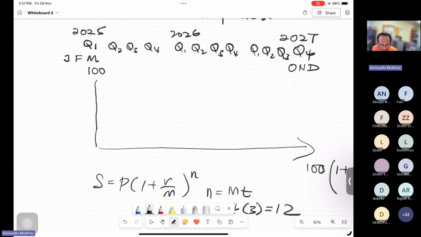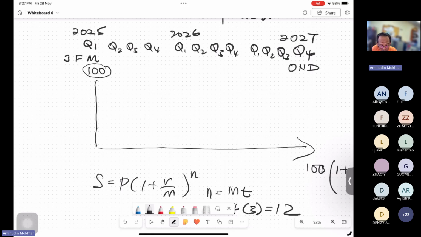So the first 100 will not receive the interest, will not receive a return. It's not qualified for return. In other words, the first 100 will not qualify for the interest calculated in the first quarter of 2025.